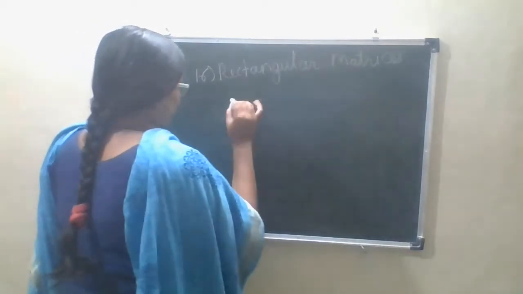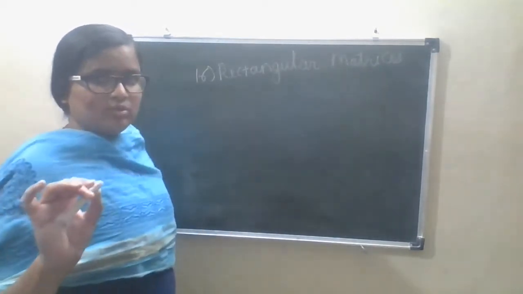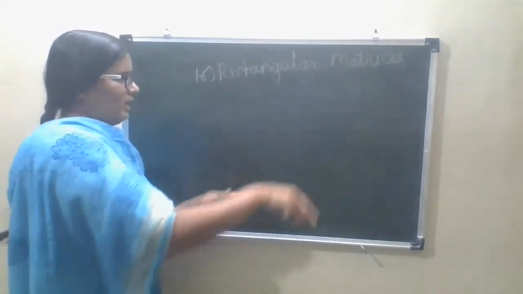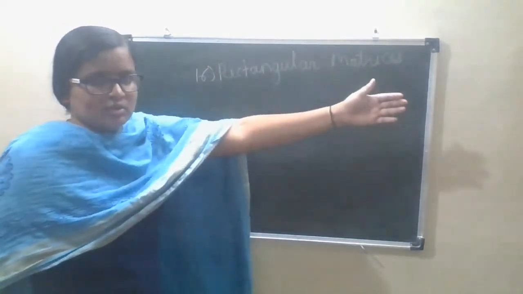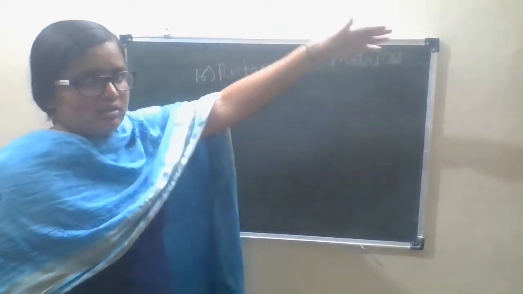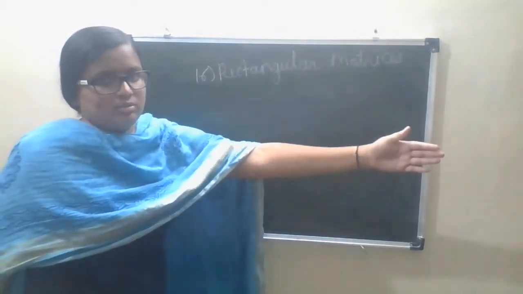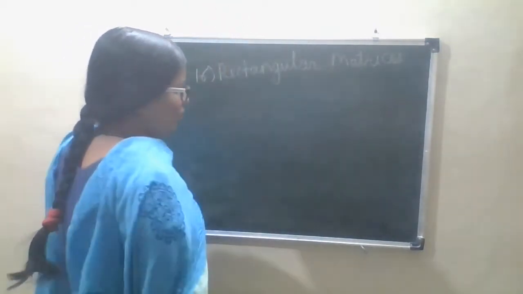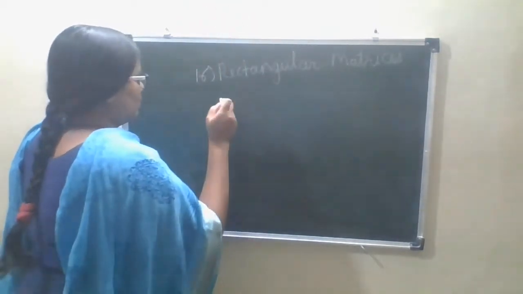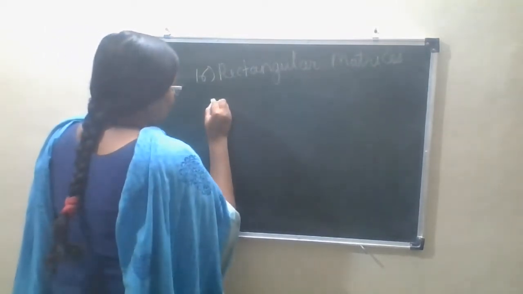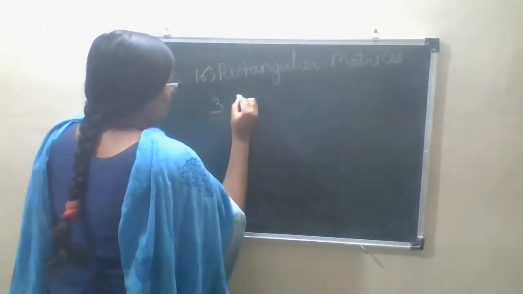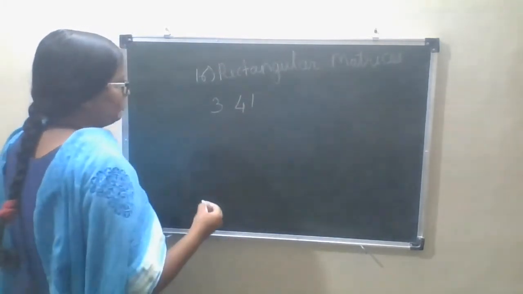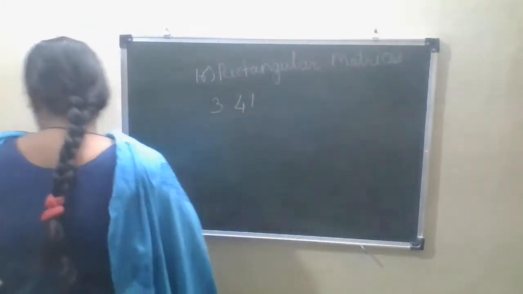Everyone knows what rows are. Rows are like this, these rows, and this is the column. Now I have values.